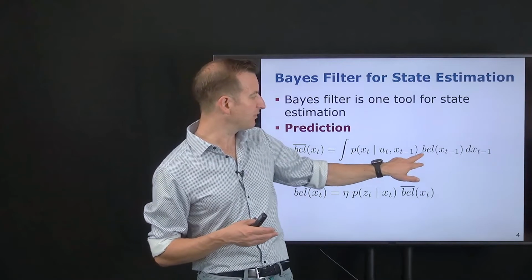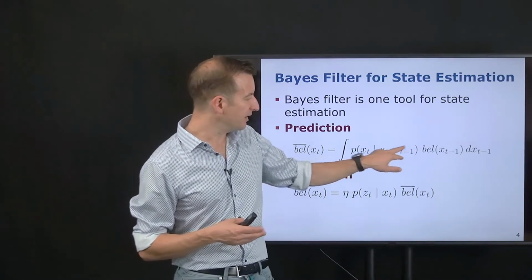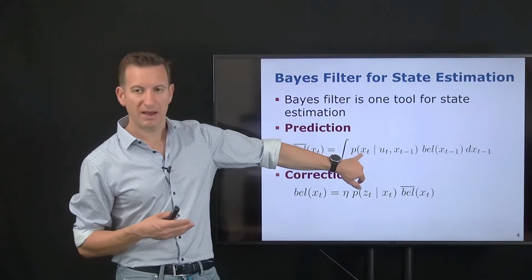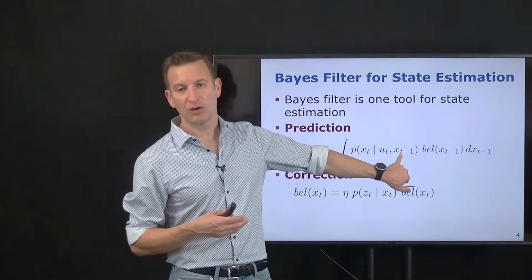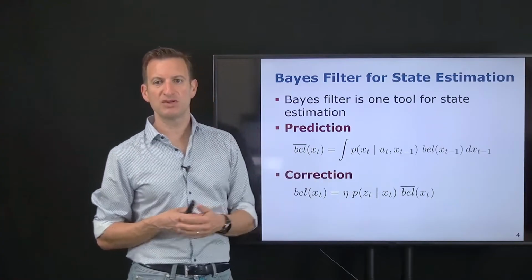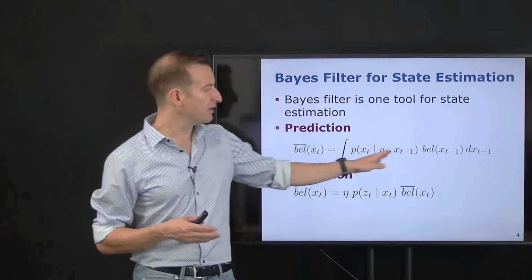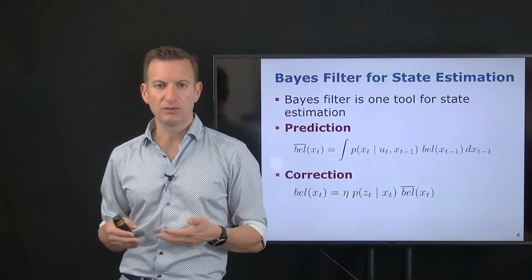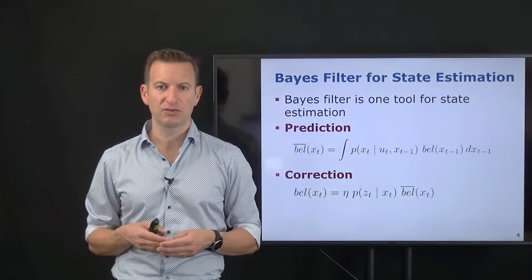And then I multiply this belief with the so-called motion model or control model. So where am I at time t, given I know where I was at time t minus 1 and which motion has been executed, and I'm integrating over all those states. Mathematically, what happens there is a convolution of two probability distributions.